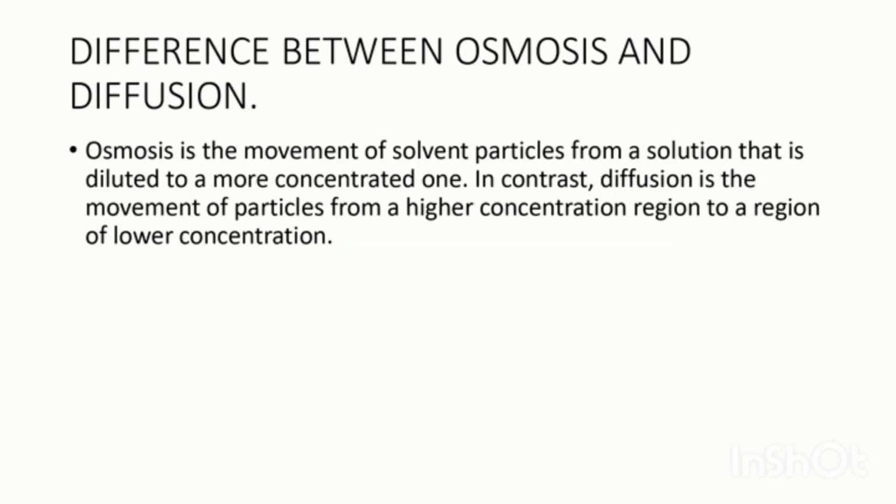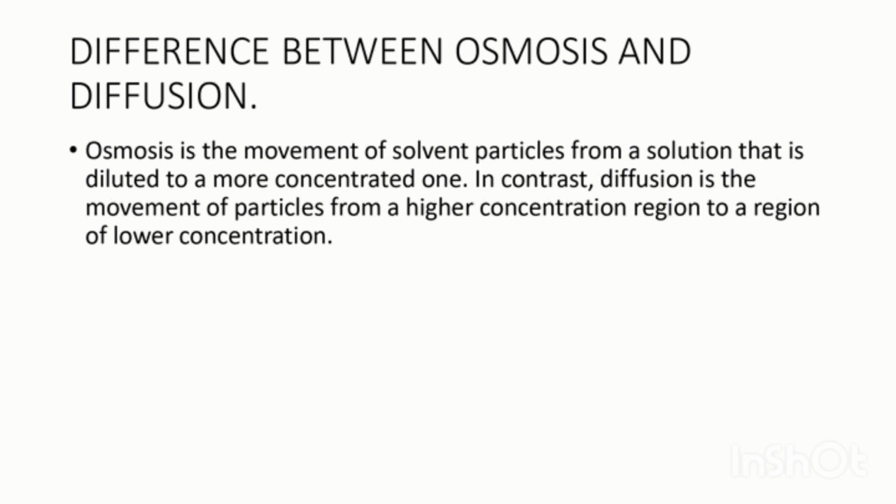Now, the difference between osmosis and diffusion. First, in osmosis there is a cell membrane, while in diffusion there is nothing like a cell membrane. In osmosis, movement is of solvent particles, while in diffusion movement is of particles, not solvent particles.